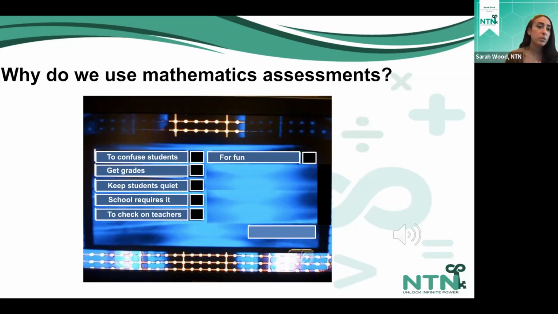So the purpose of our session is really to take a look at why we are using mathematics assessments, and then how we can use them more effectively to help drive teaching and learning moving forward. And it's not to confuse students or for fun or to have little tricks or riddles or games.